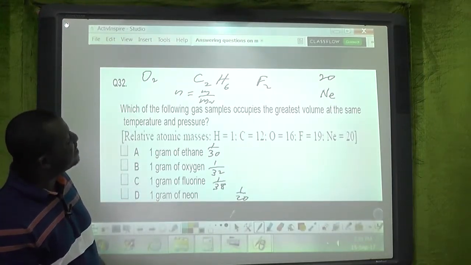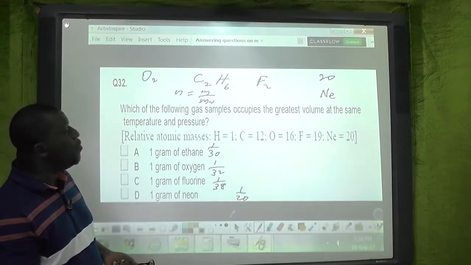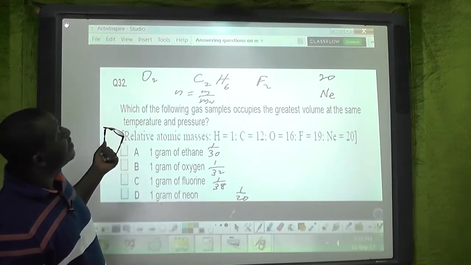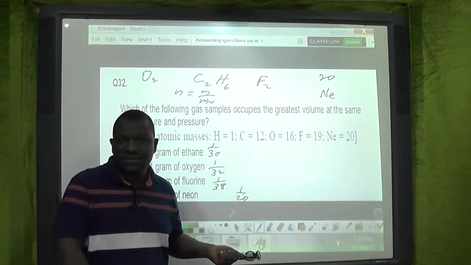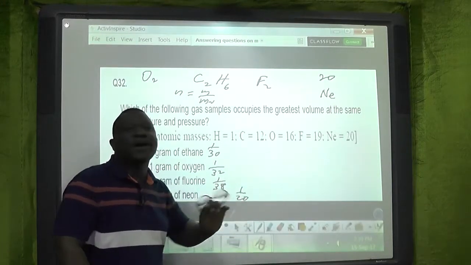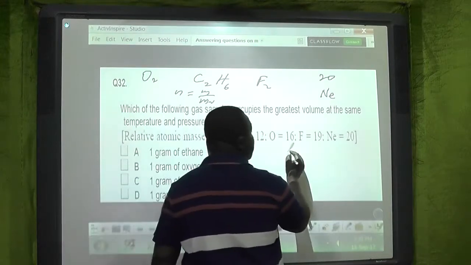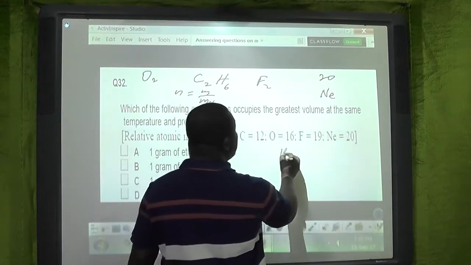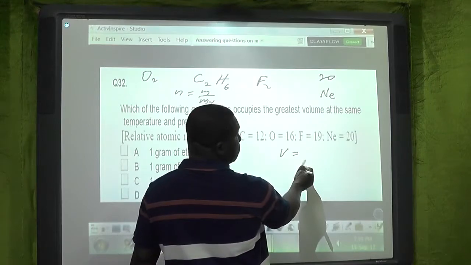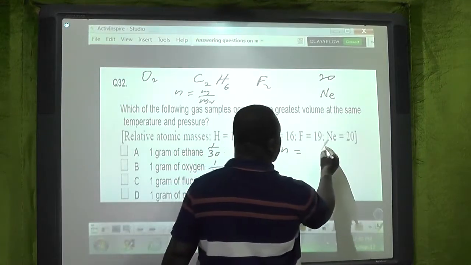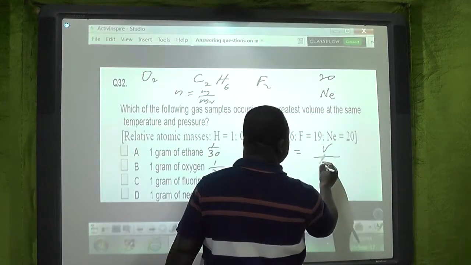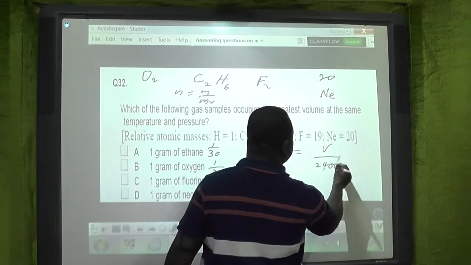The sample that has the greatest volume. For you to get the volume at the same temperature and pressure, let's assume it's at RTP or STP. At RTP, the number of moles is volume divided by 24,000 if it is in cm cube.